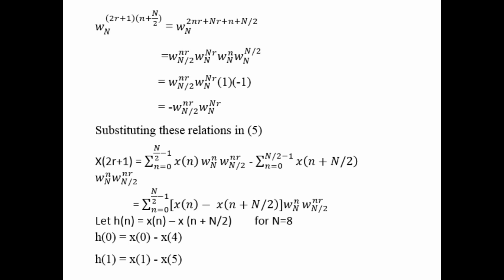Omega n of n is 1, omega n of n by 2 is minus 1. So we can write it as minus omega n by 2 of nr into omega n of nr.